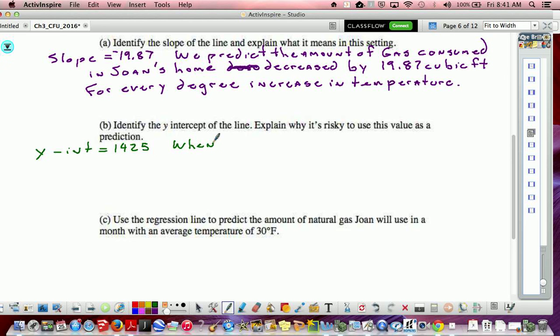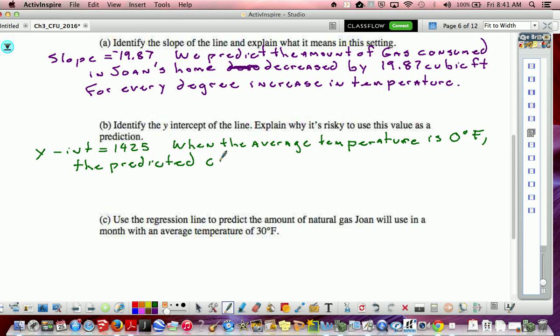So when the average temperature is 0 degrees Fahrenheit, the predicted consumption for Joan's place or her home is 1,425 cubic feet of gas.